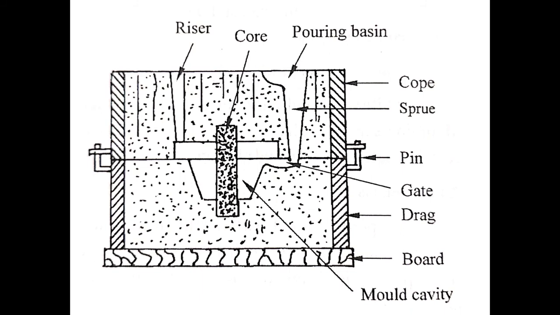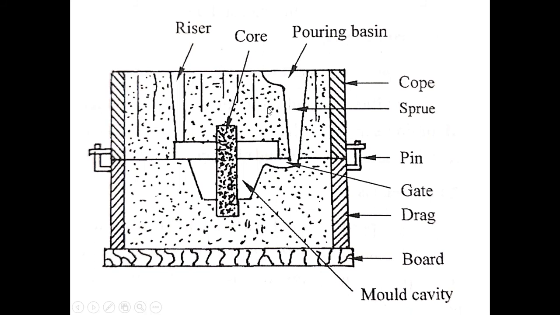It's called the core prints. So what I am trying to tell you is the core print helps to hold the core in the mold cavity. The core prints help to support the core in the mold cavity.